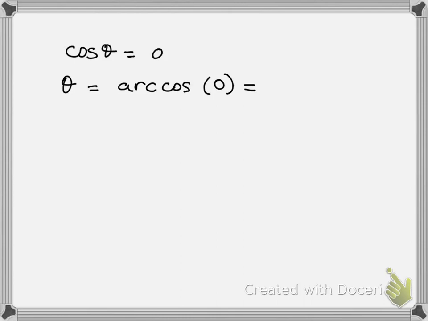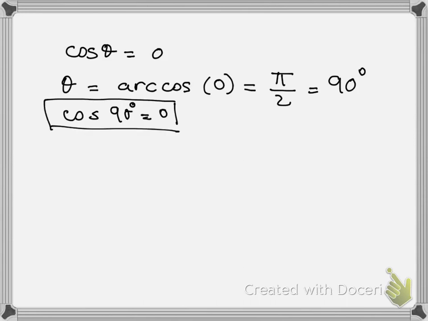Well, arccosine of 0 is actually pi over 2. That's 90 degrees, right? Remember, guys, cosine of 90 degrees is 0. So theta is equal to pi over 2, 90 degrees.